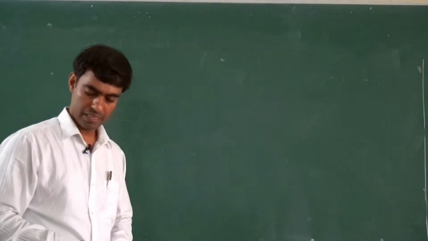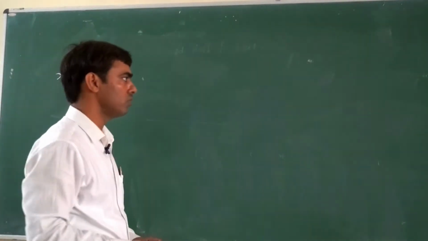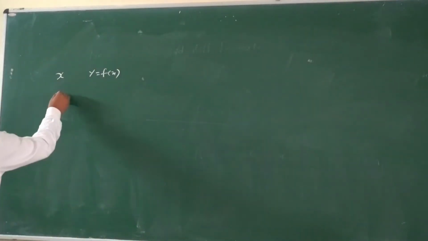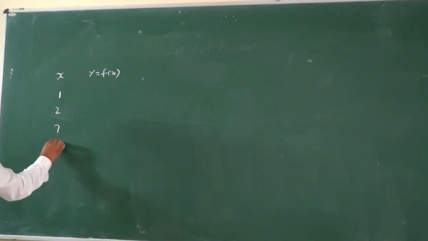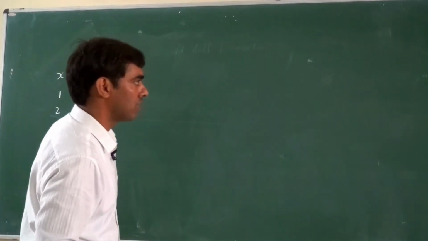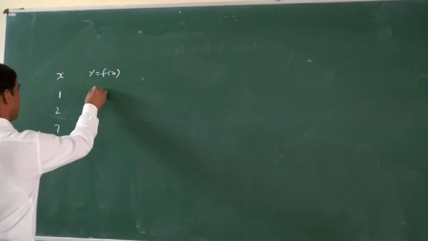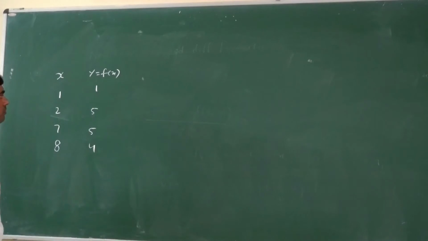Suppose here we have data of x and y equals f(x). This is a tabular value. Here we note down the values of the argument 1, 2, 7, 8 and the values of the function 1, 5, 5 and 4.